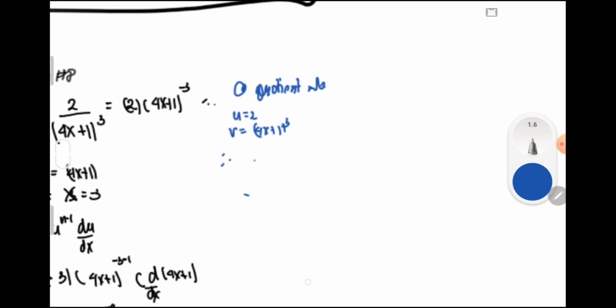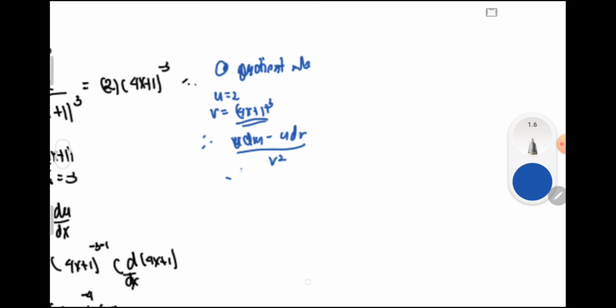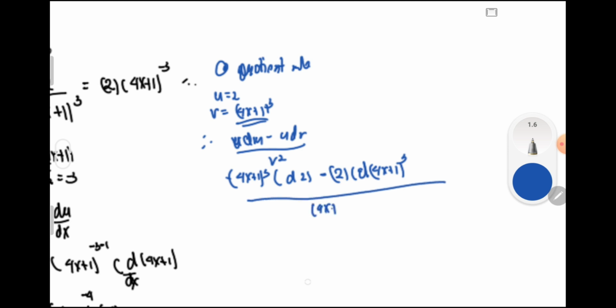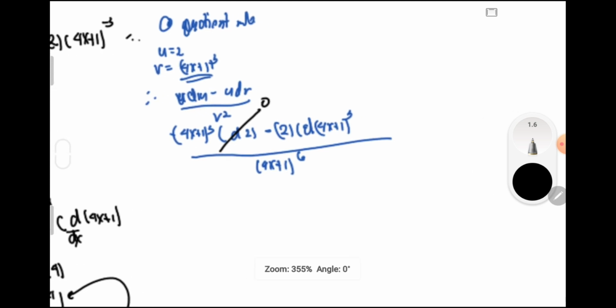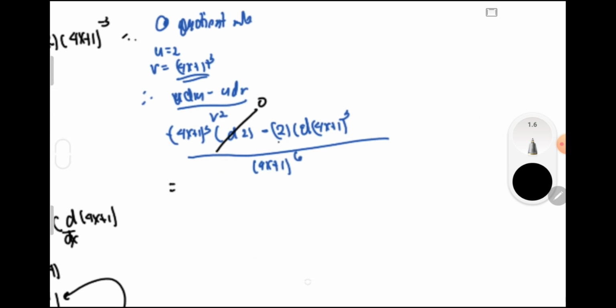So ang gagawin mo is that v du minus u dv all over v squared, tama, wherein yung v natin is equal to dito, so 4x plus 1 raised to 3 multiplied by the derivative of 2 minus 2 multiplied by our derivative of our 4x plus 1 raised to 3 divided by 4x plus 1 squared, which is equal to 6. Diba? So this is 0 to, diba? 0 multiplied by any variable or numbers is still 0. So may iwan ito. Tama?